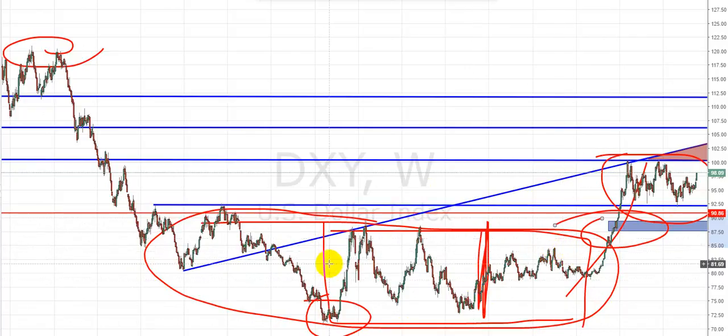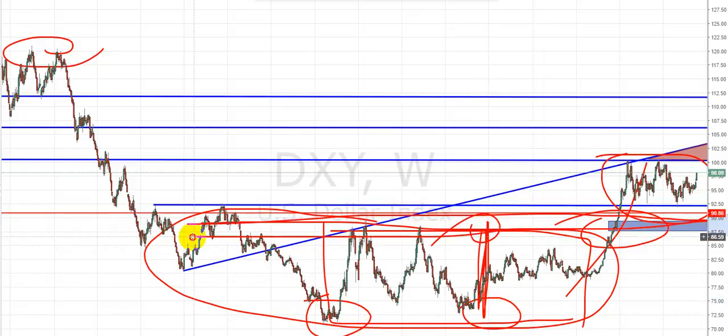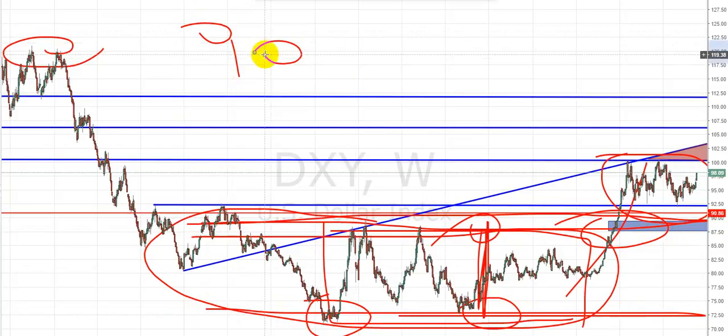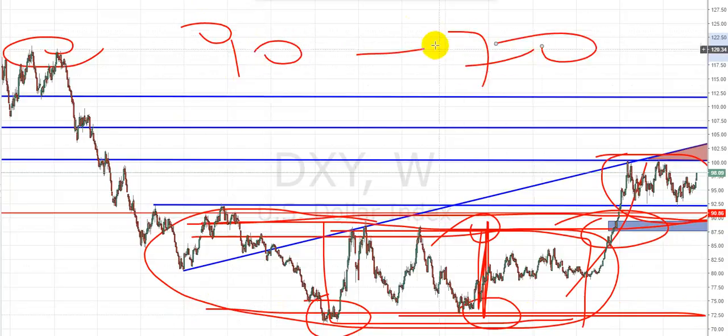So we may try to double it, okay? So the top of that range was around 90, bottom of the range was around 70, okay?